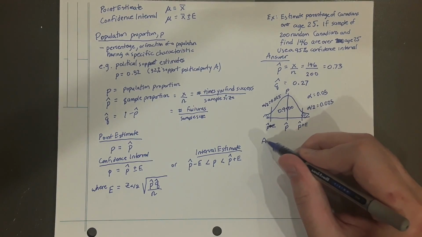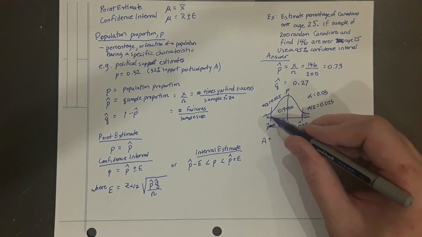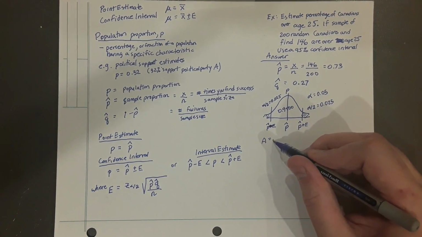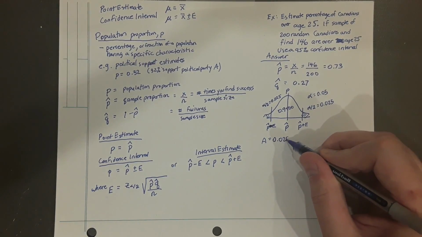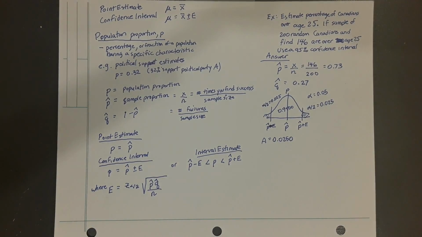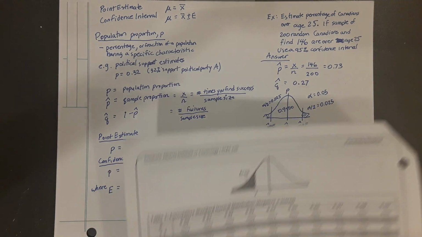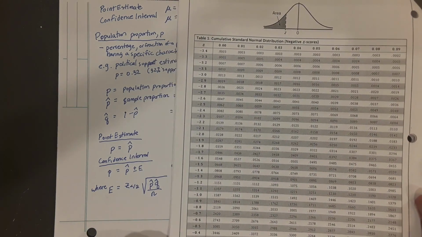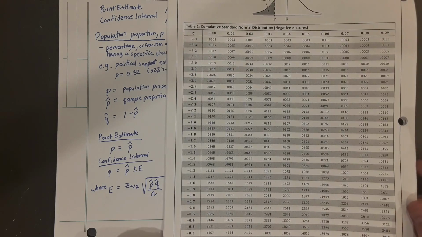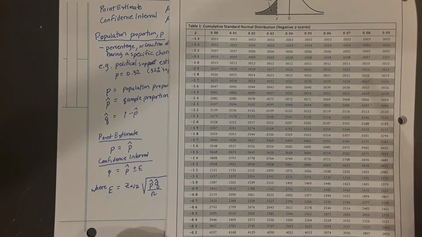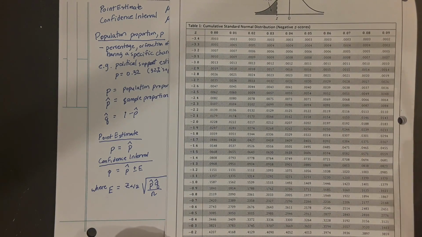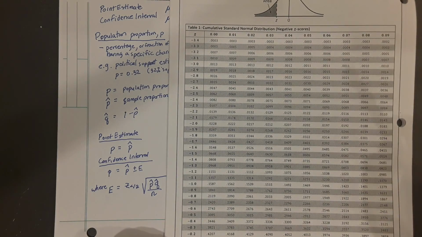So if we look up the area to the left of this z-score, it is 0.0250. And we can find the matching z-score on our table. Looking at the table of z-scores, we need to find an area of 0.025.